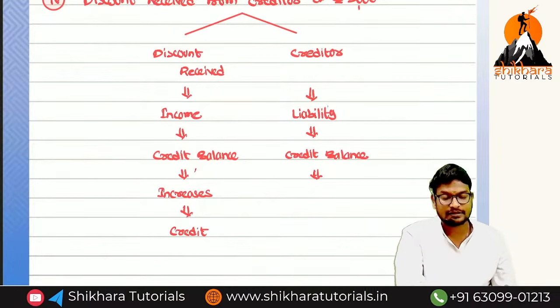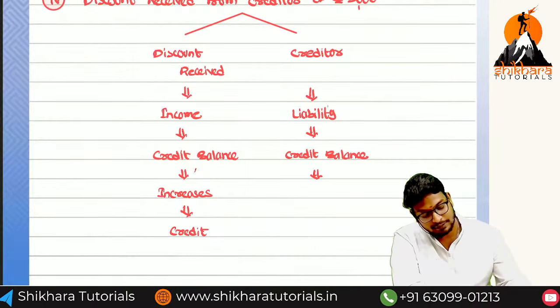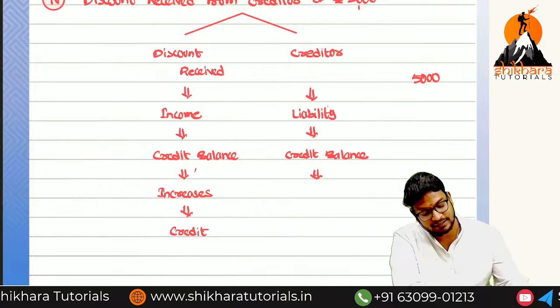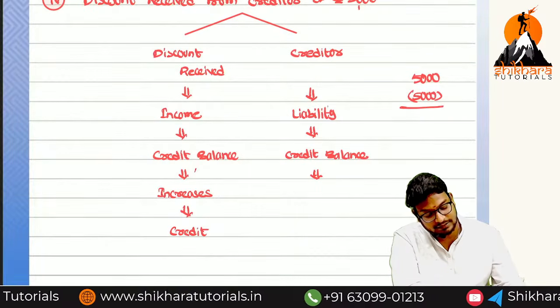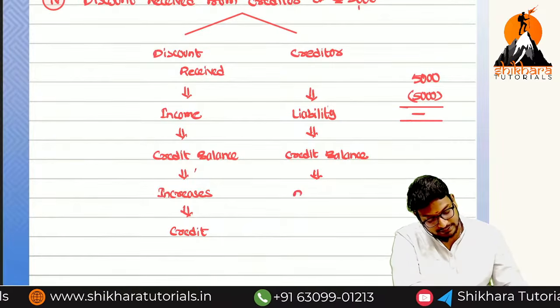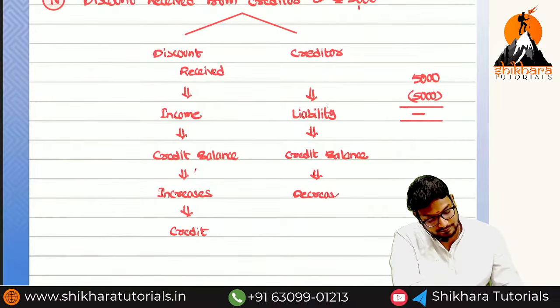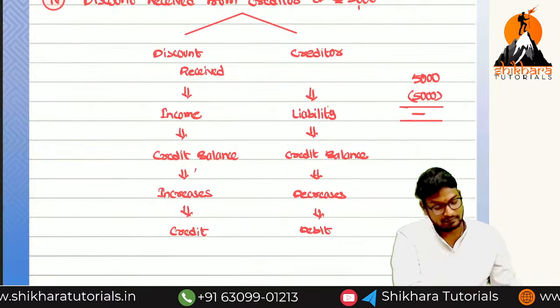Now in this situation also, does our creditor value increase or decrease? Decreases, because the balance we have is 5,000. Now he is going to write off that 5,000, so our balance will become 0. That means decreases. So what do we need to do? Debit. What is the entry?